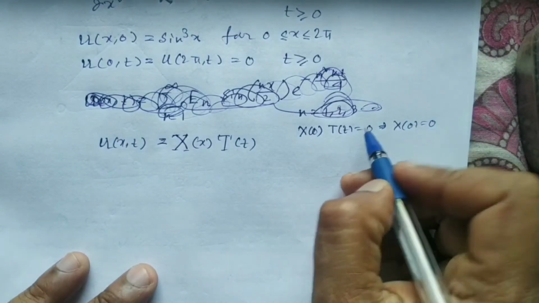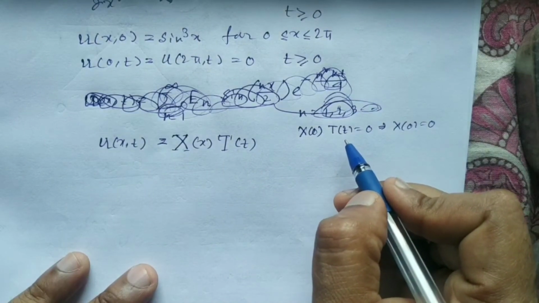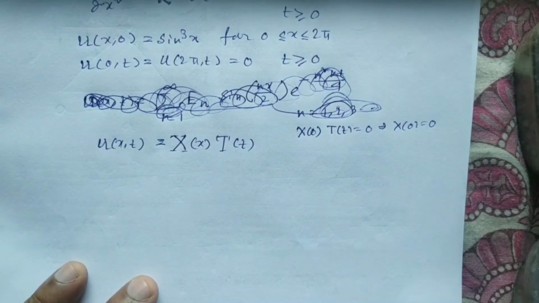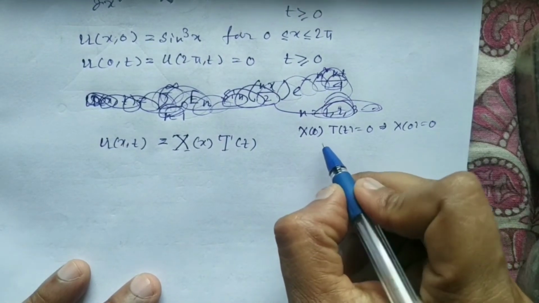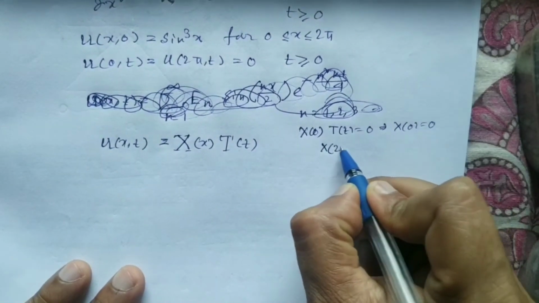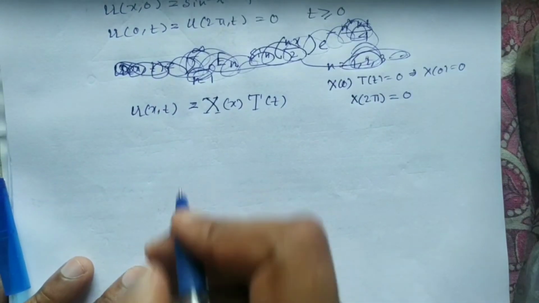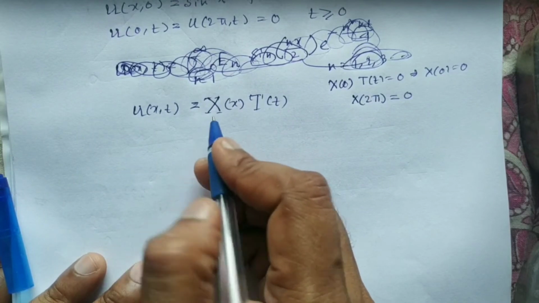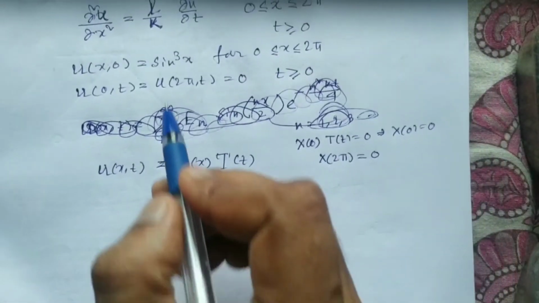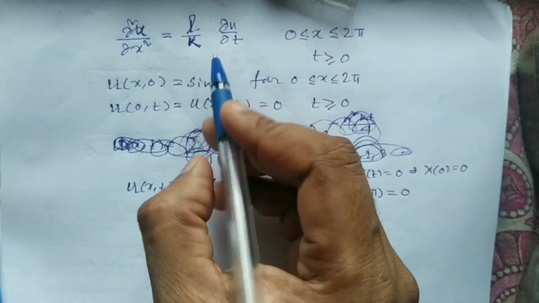If you take T(t) equal to 0, then your solution will turn out to be a trivial one. By similar logic, you can write that this is equal to 0 as well. So what we will do, we will input this in the given partial differential equation.